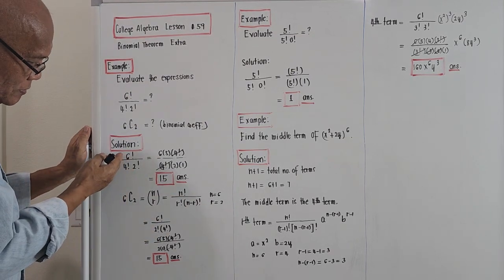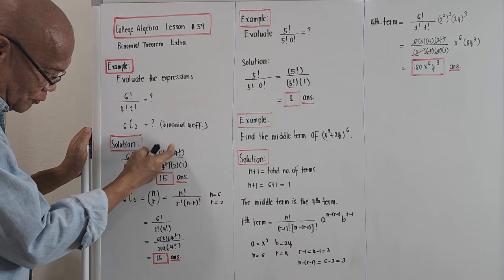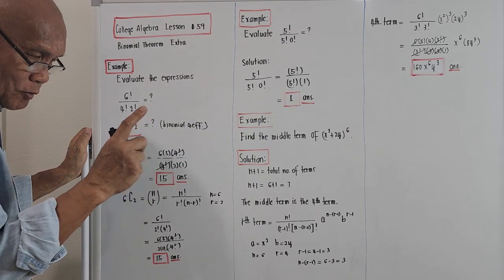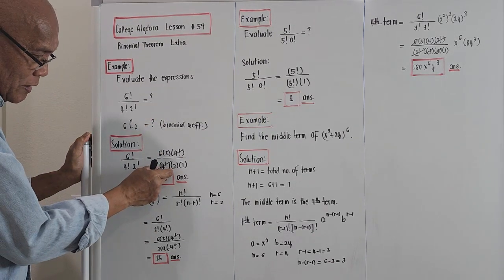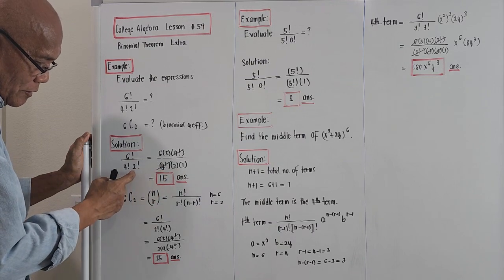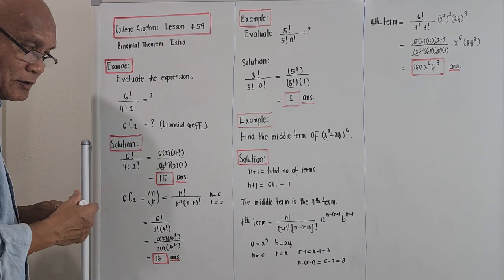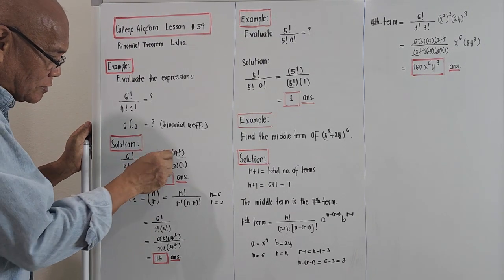So the numerator can be written as 6 times 5 times 4 factorial, all over the bottom portion, which has a 4 factorial. And the 2 factorial is the product 2 times 1. Then let's make some cancellation. 4 factorial cancels with this.